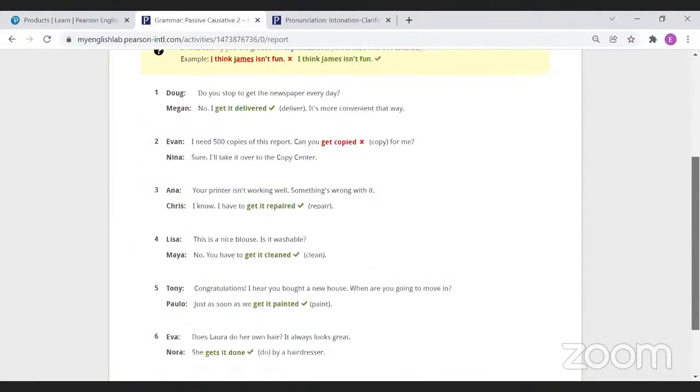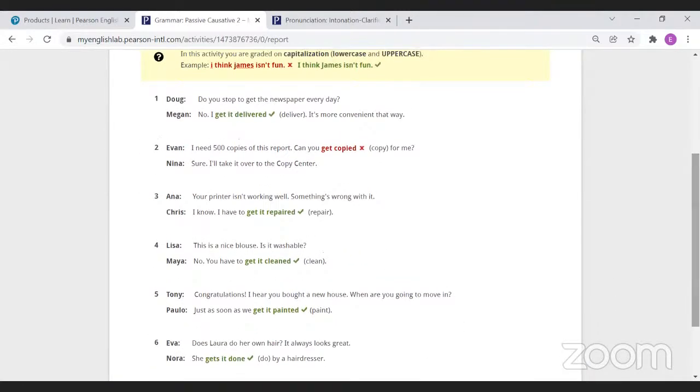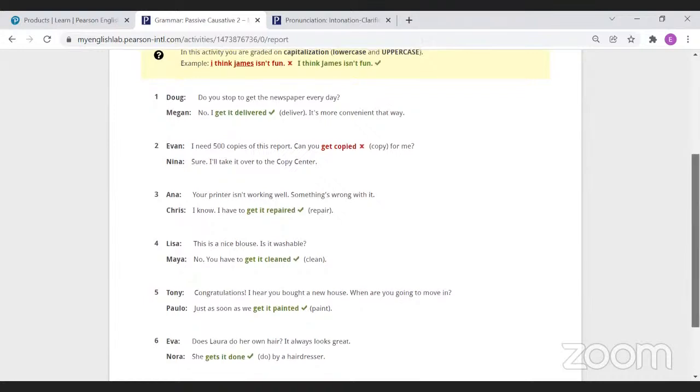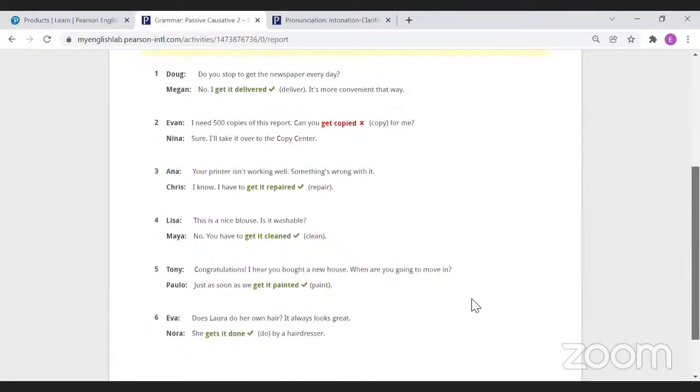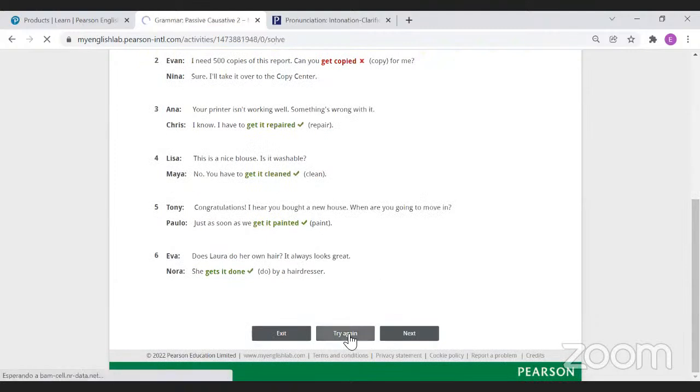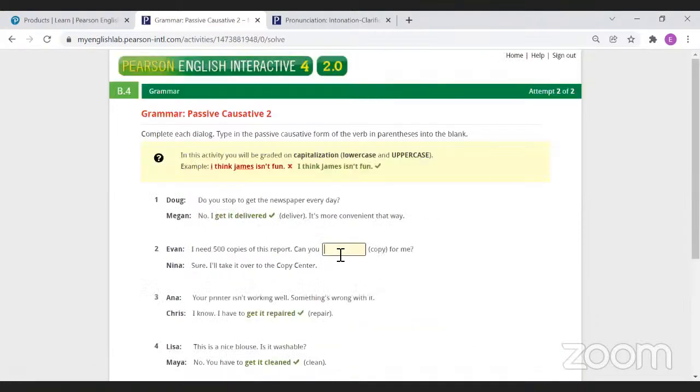Okay, one mistake. Why there? It's because it's missing the, what is missing there? You have get and you have the verb get it copied. Yes, get it copied.